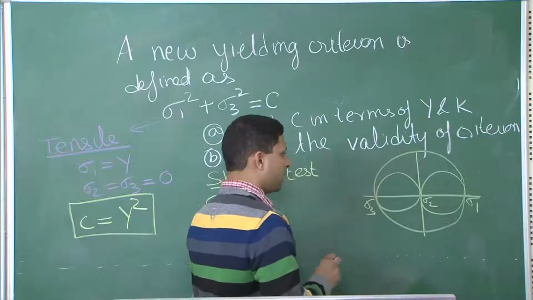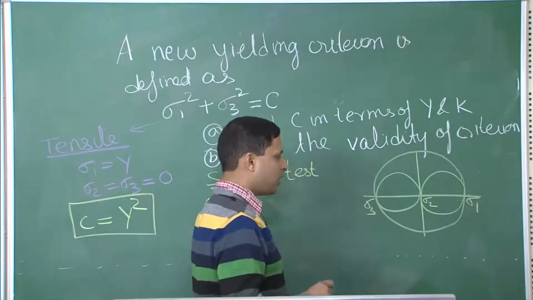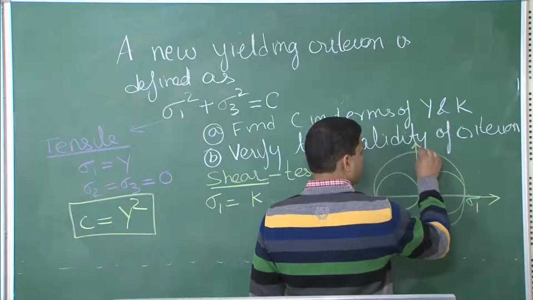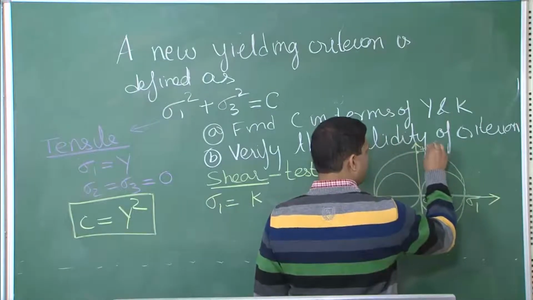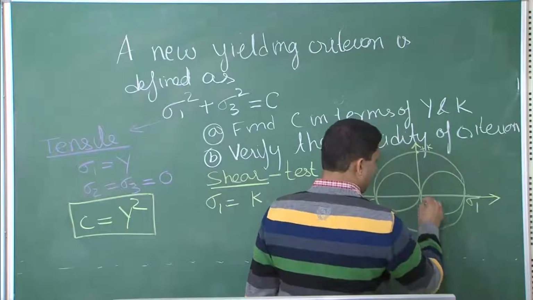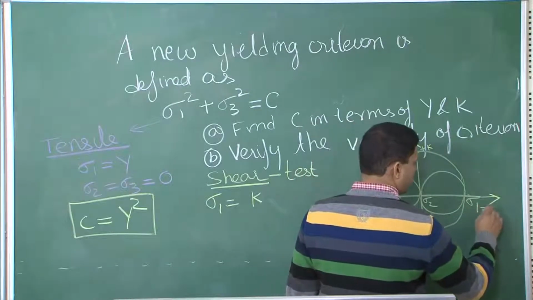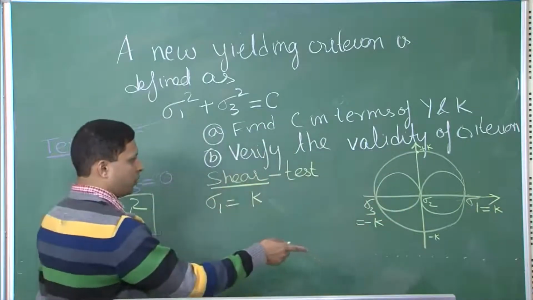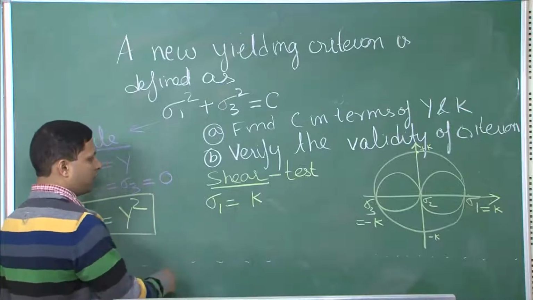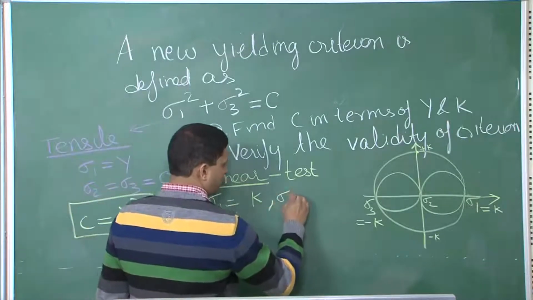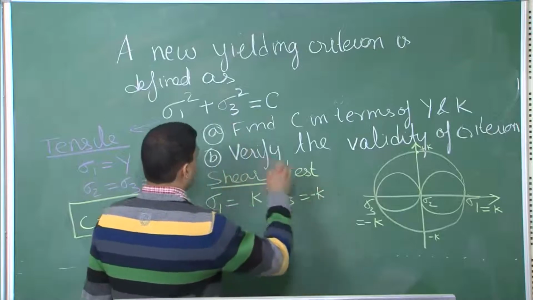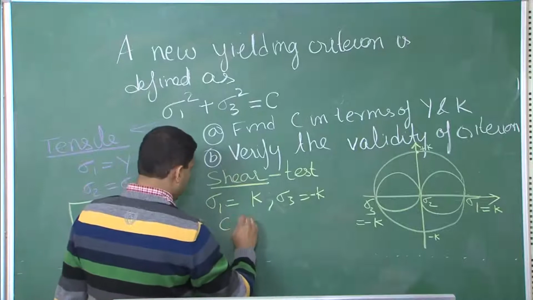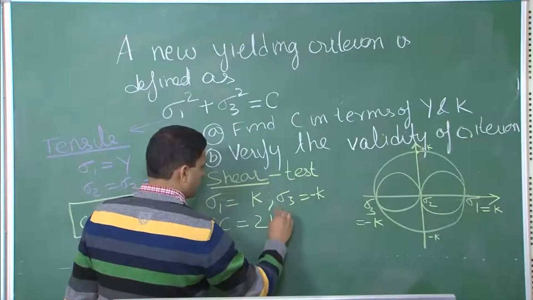This element has started to yield under shear stress. This is plus K, this is minus K, and since K is the radius, sigma 1 is equal to K, sigma 3 is equal to minus K. So, putting these in, K square plus K square equal to C, so C is equal to 2 K square.